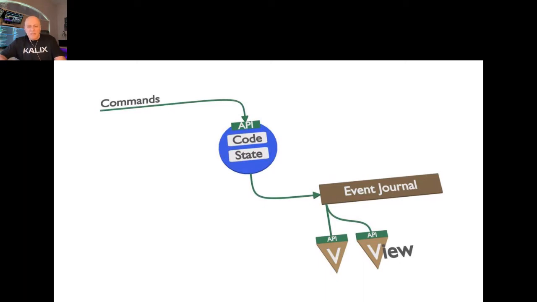And then I've got a couple of views here just as an example. What those are doing is, when new events appear, those events are processed as fast as possible to update view data. But the view data is separate. There's also the concept with CQRS called the write side and the read side. The write side is the event journal. The read side are your queryable views. They're segregated from each other.